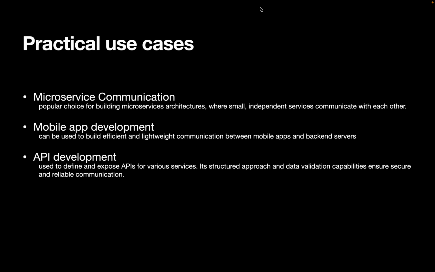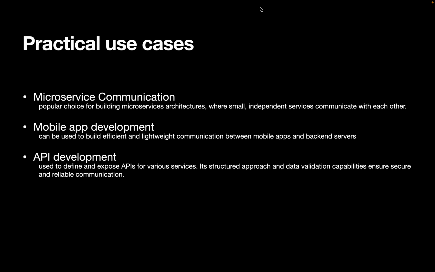Now let's talk about the practical use cases where we apply gRPC. First is, of course, microservice communication, where there are multiple services, and these services can be distributed across multiple nodes, and we want to communicate between these services.